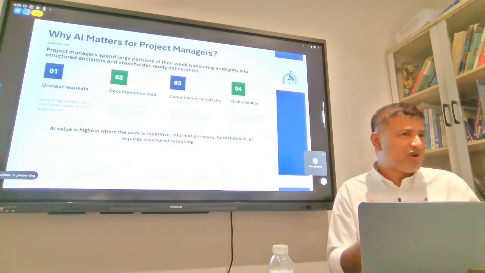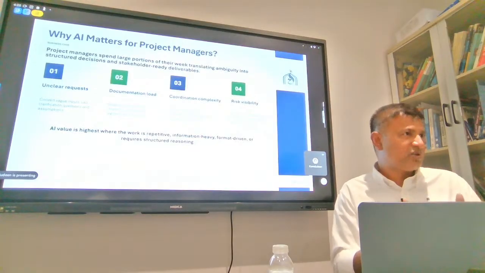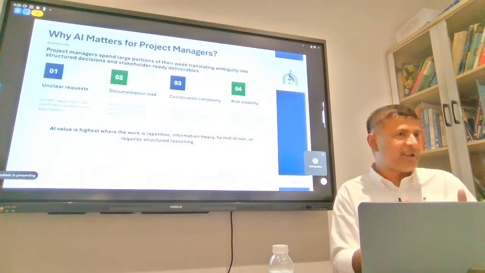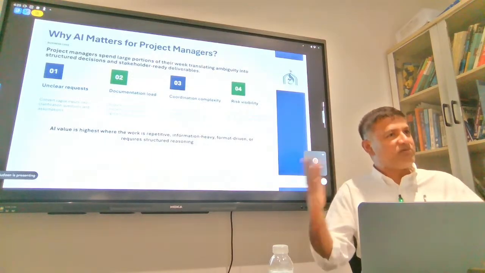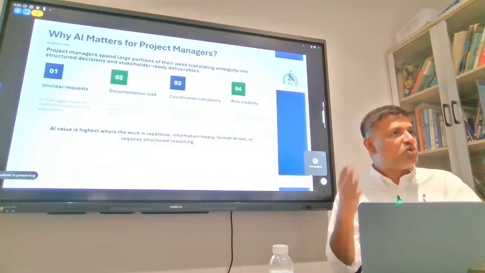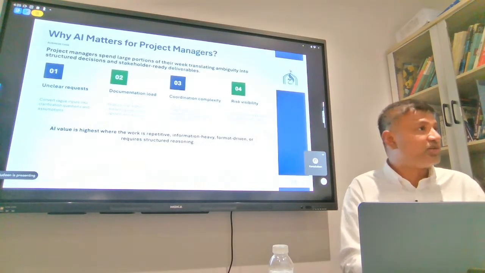Coordination complexity. What is coordination complexity? As a project manager, the main responsibility lies in two key management areas. Even though there are 12, 14 management areas, the two key ones are stakeholder management and the communication plan.